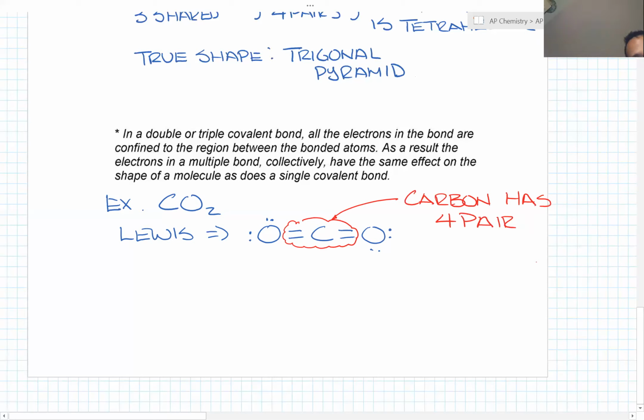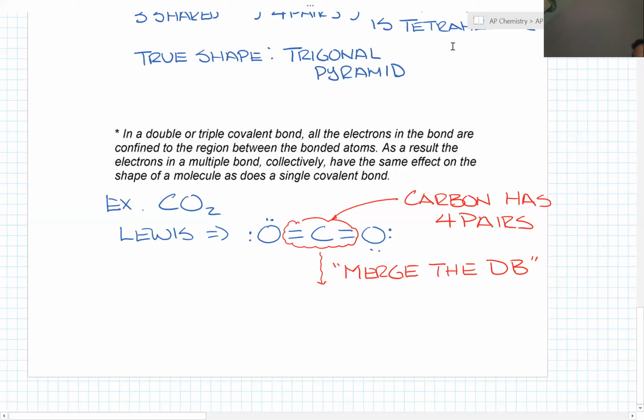But here is the thing: because they are in double bonds, there are 2 shared pairs on each side, so what we do is we merge the double bonds. That's what I call DB.